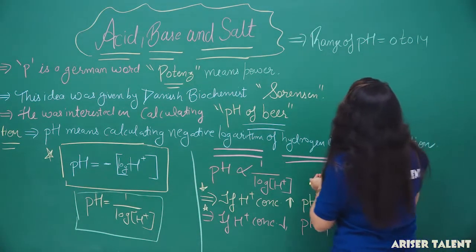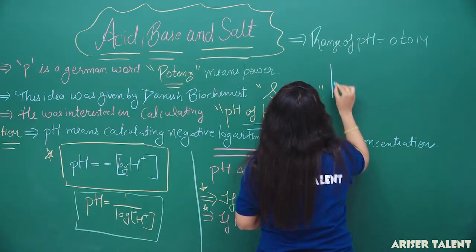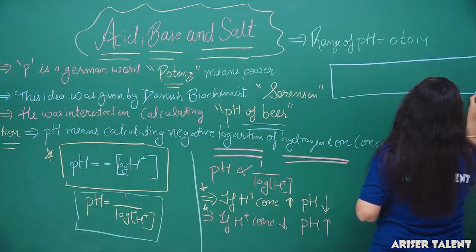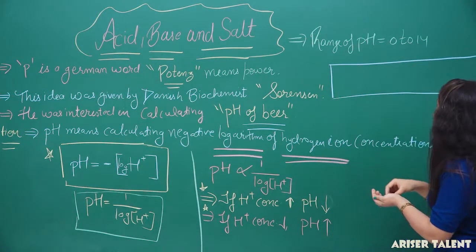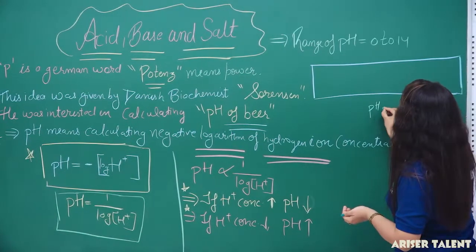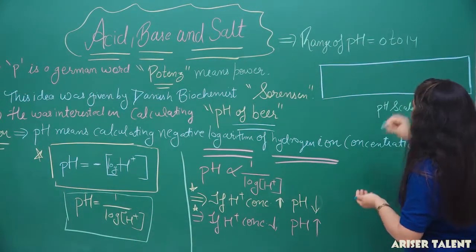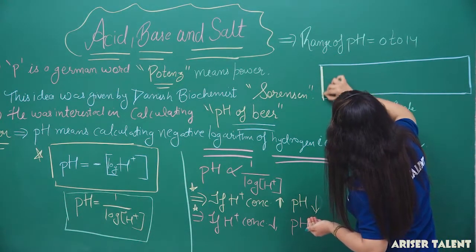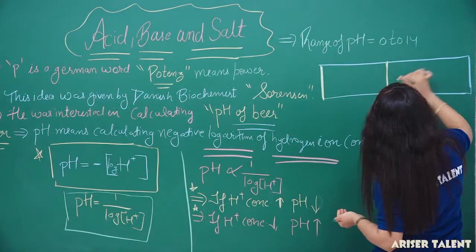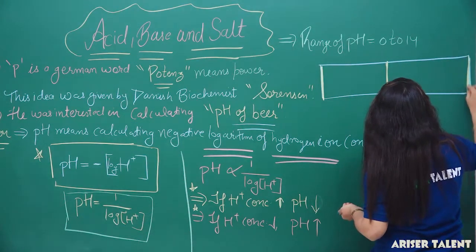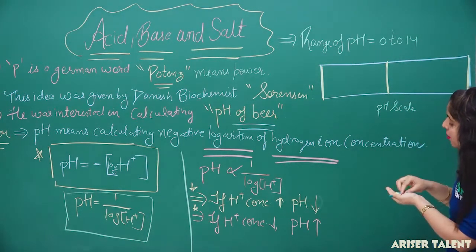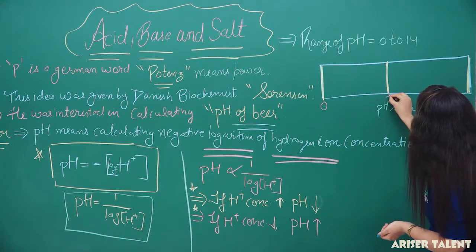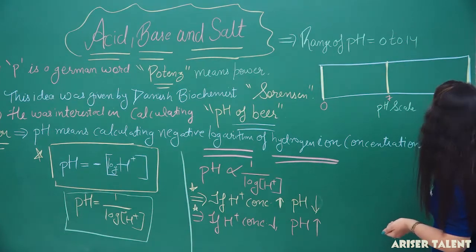If I consider the range of the pH, I can draw a scale, that is the pH scale. In this scale, we have set the maximum limits: here 0 lies, here 7, and here 14.